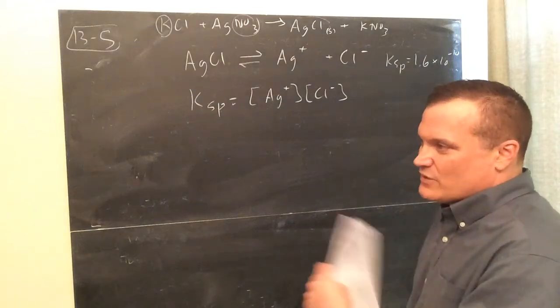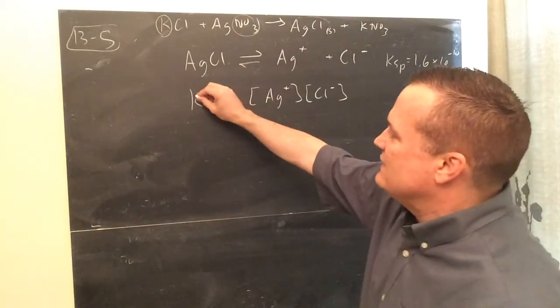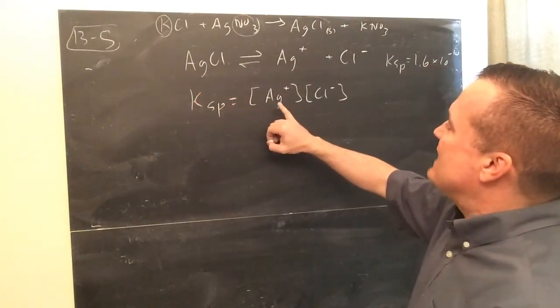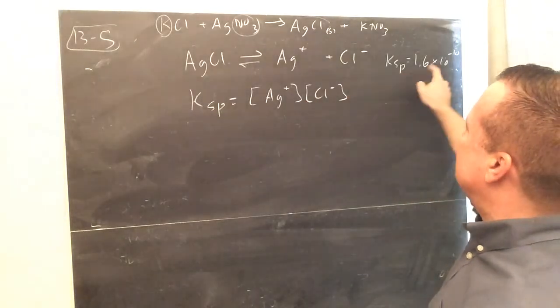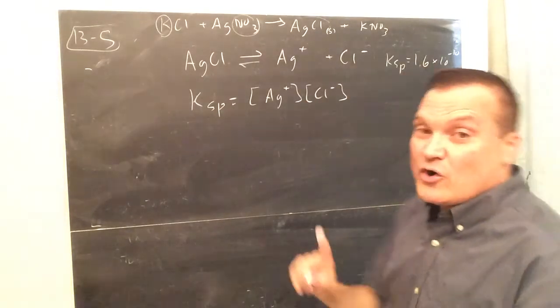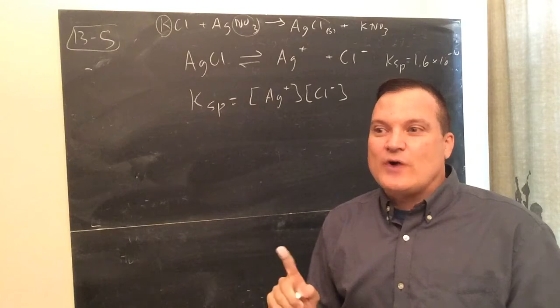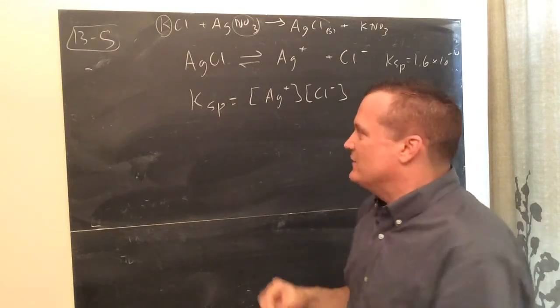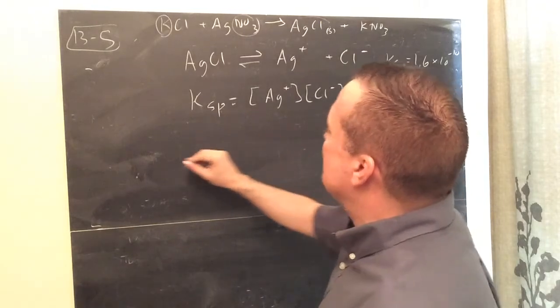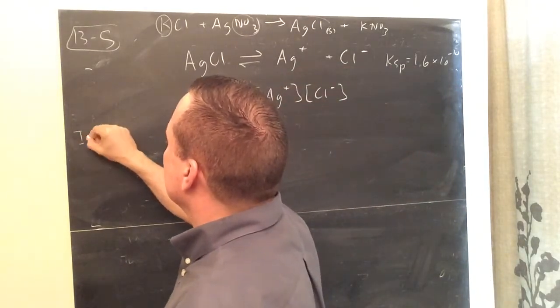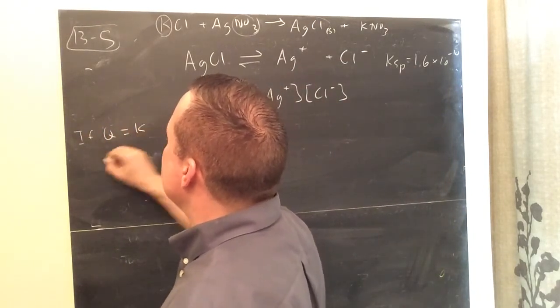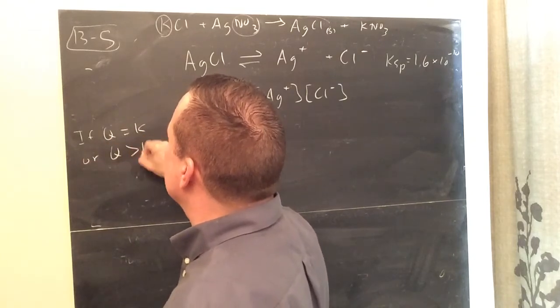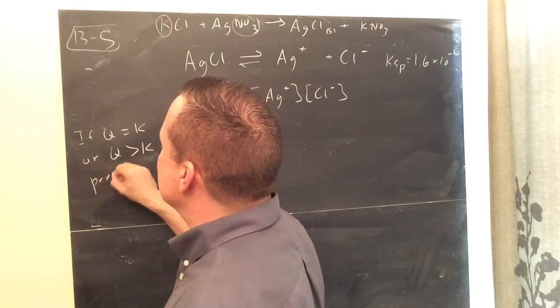But it's on the worksheet here, and I'll just tell you: if I multiply these two numbers and I get this number or greater, then that means it will precipitate. So if Q equals K, or if Q is greater than K, precipitation occurs.